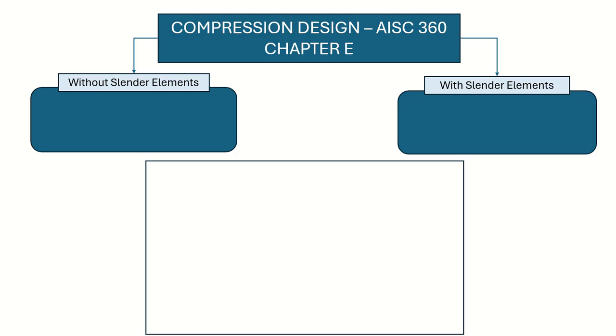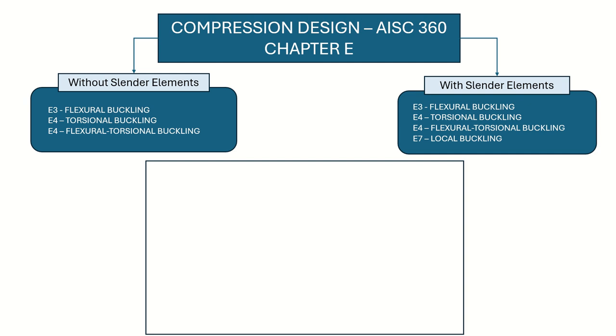First of all, I separate the verifications in chapter E for members without slender elements and for members with slender elements. As you can see, both types of members have almost the same verifications. We have flexural buckling, torsional buckling, and flexural-torsional buckling for the first case.